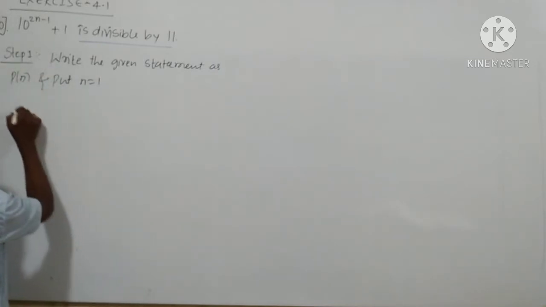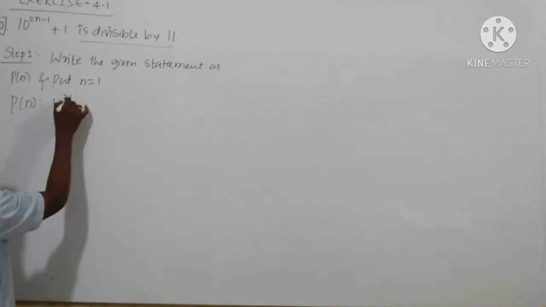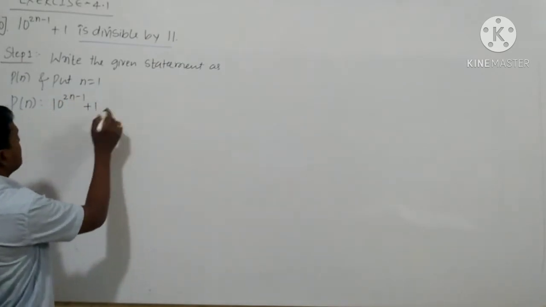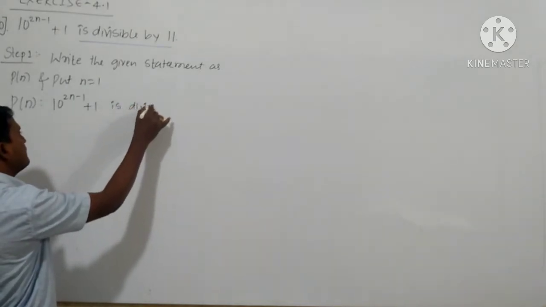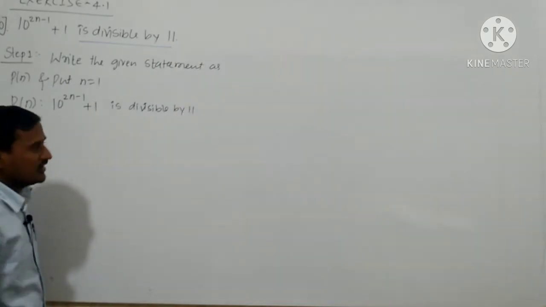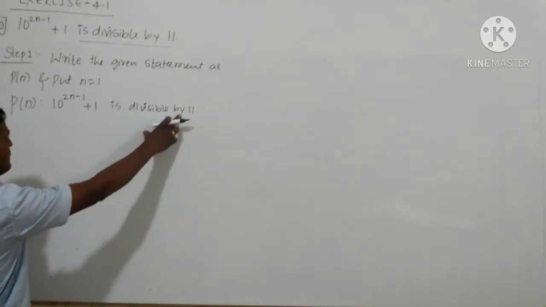The given statement p of n is that 10 to the power 2n minus 1 plus 1 is divisible by 11.